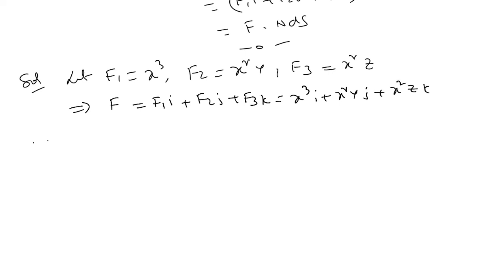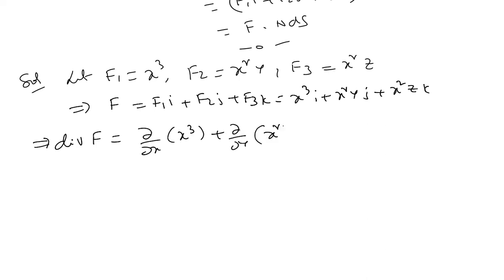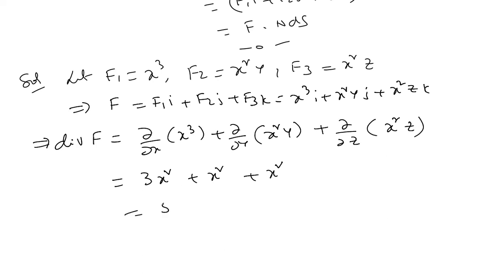Now what about divergence of f? Divergence of f is dou by dou x of x cube, dou by dou y of x square y, dou by dou z of x square z. This is 3x square plus x square plus x square, which is 5x square.